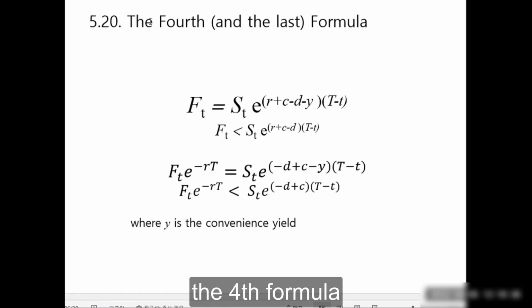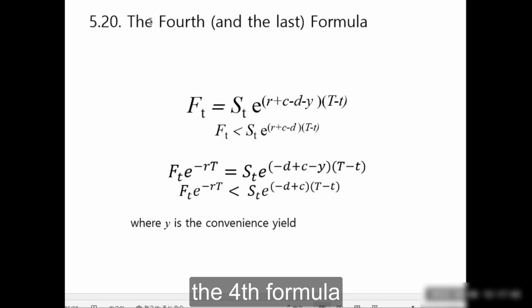Now, this convenience yield is a bit different from the other two because it is rather hard to determine. You cannot really observe the convenience yield. For storage cost, perhaps you can see how much people pay to store gold. For income, perhaps you can see how much people get paid when they lend gold. So these numbers are, at least in principle, observable.